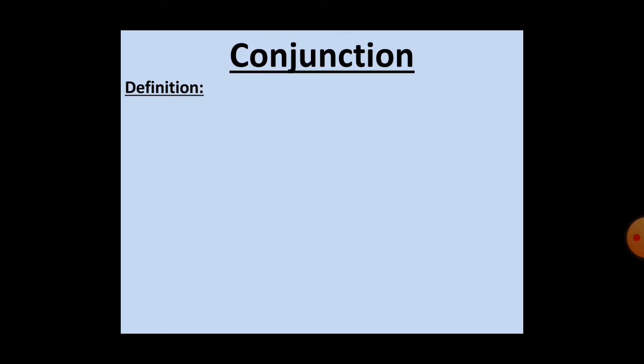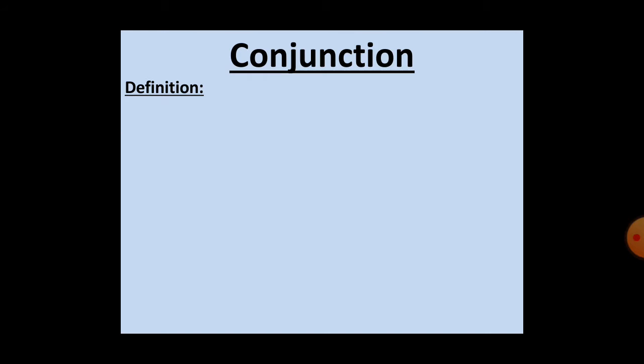Okay, in preposition we learn that preposition is also a connecting word, but the difference between conjunction and preposition is that in preposition we connect noun or pronoun relation with another part of the sentence, but in conjunction it connects noun with a noun, pronoun with a pronoun, adjective with an adjective, verb with a verb, sentence with a sentence, and phrase with a phrase.